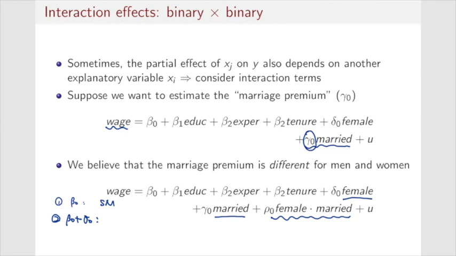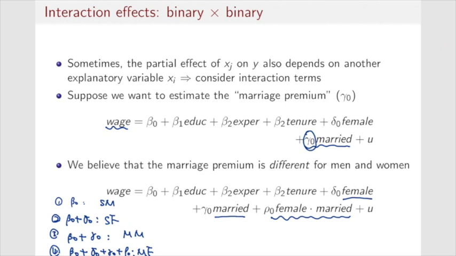Similarly, we have the intercept beta 0 plus delta 0 for the female but single, beta 0 plus gamma 0 for the married male, and lastly, the intercept for the married female is beta 0 plus delta 0 plus gamma 0 plus rho 0.